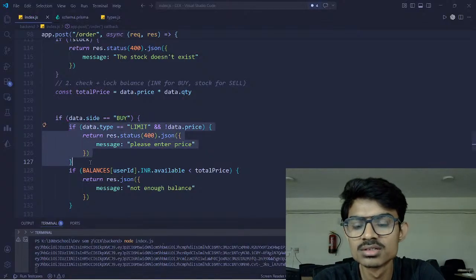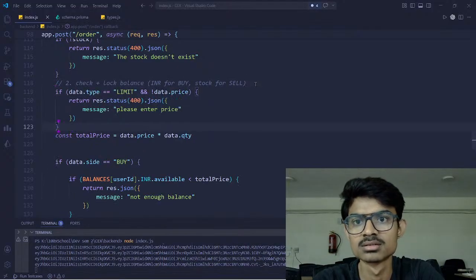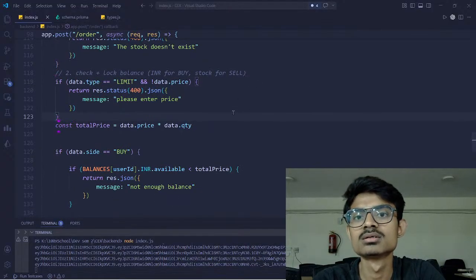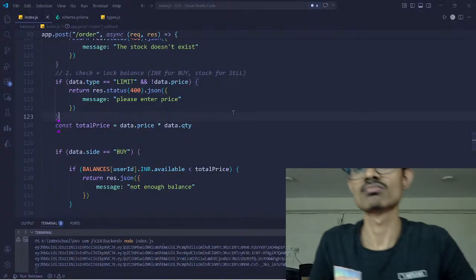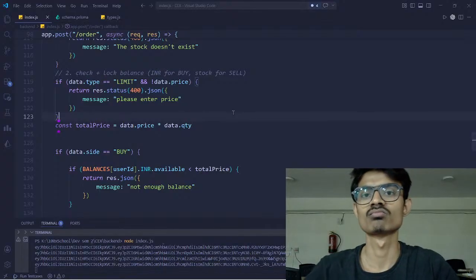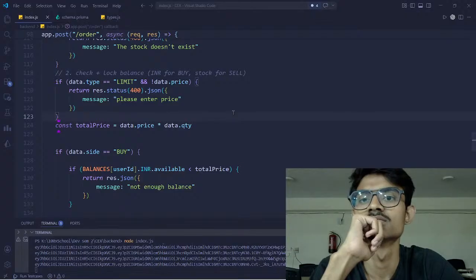So we can just put it over here. But what if it's a market order?